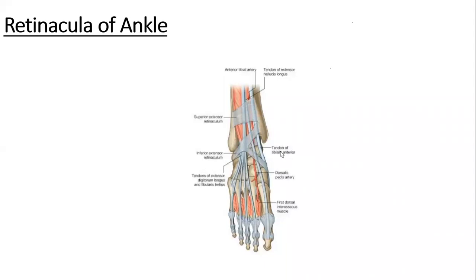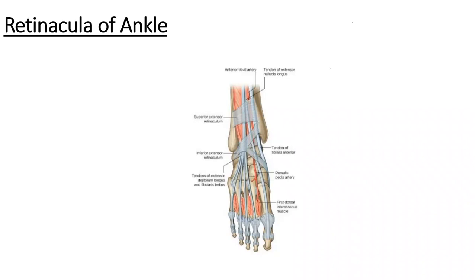The lower limb of the inferior extensor retinaculum is continuous with the plantar fascia at the medial border of the leg. Its function is to hold the tendons of fibularis tertius and extensor digitorum longus.